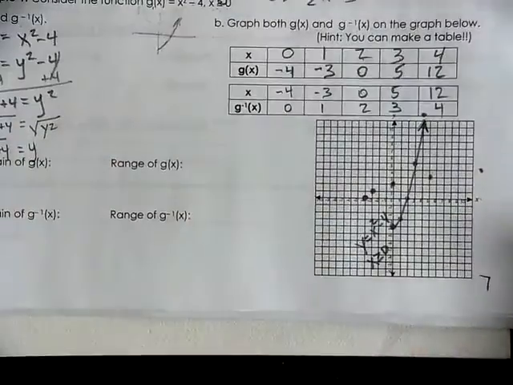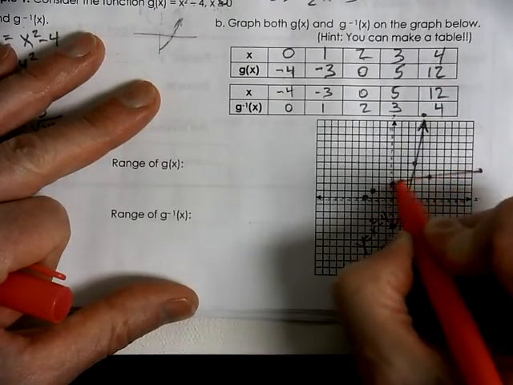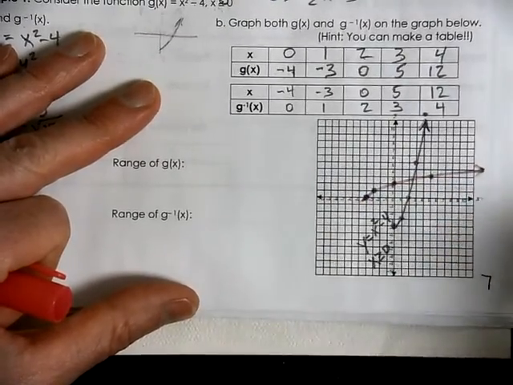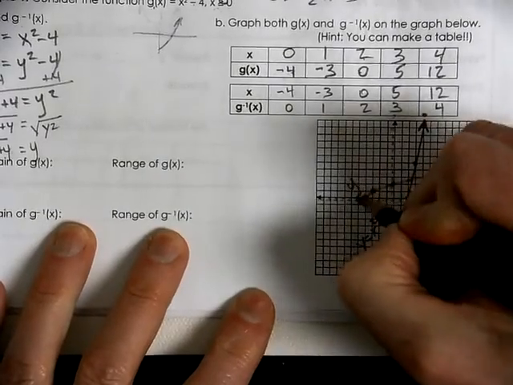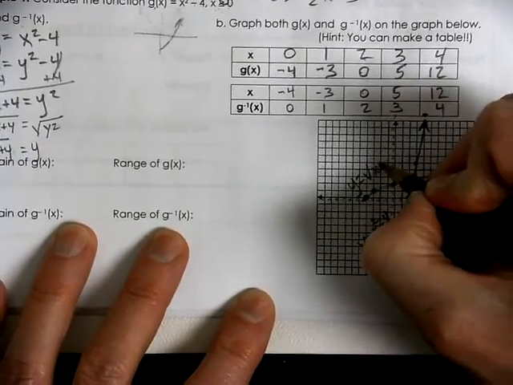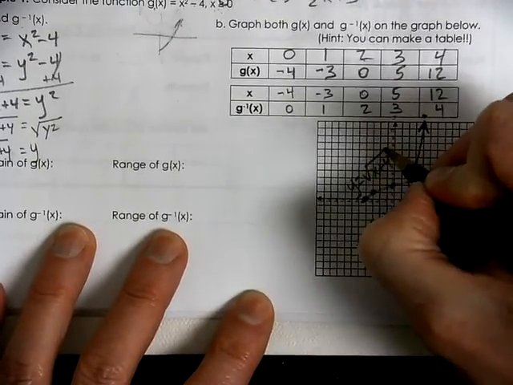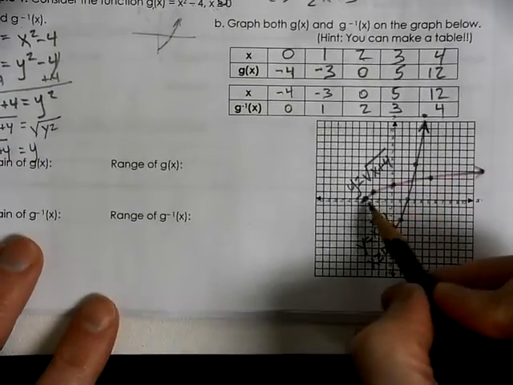So notice what this actually is. This here is our y equals the square root of x plus 4. So this is a square root graph.